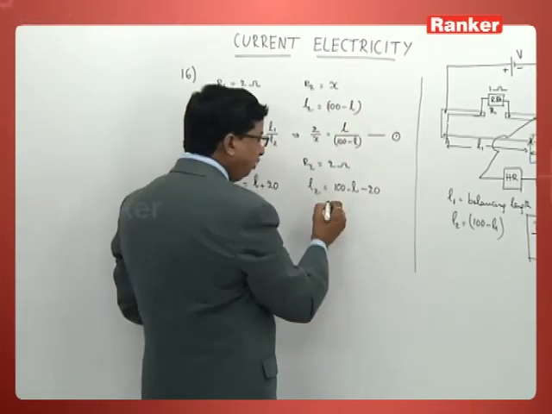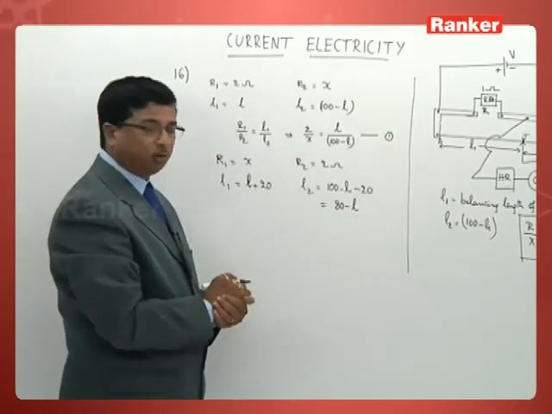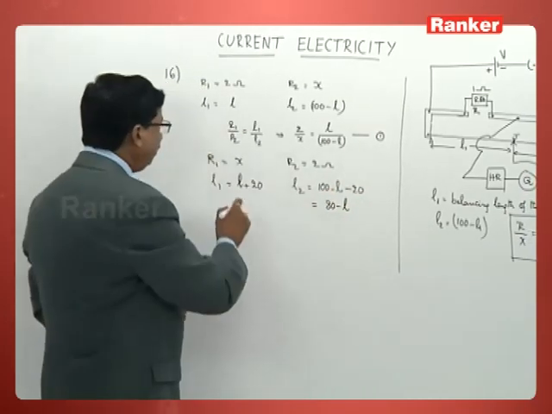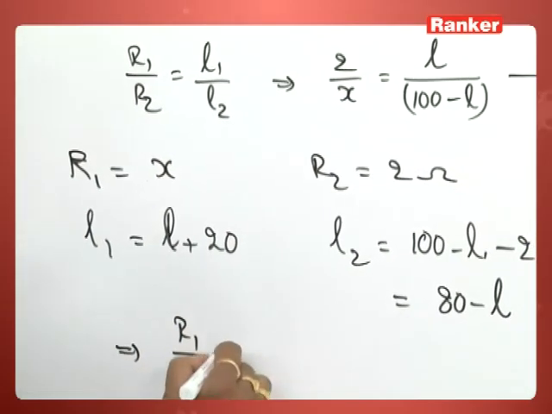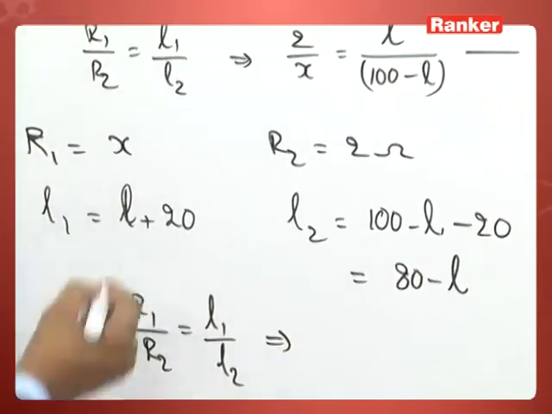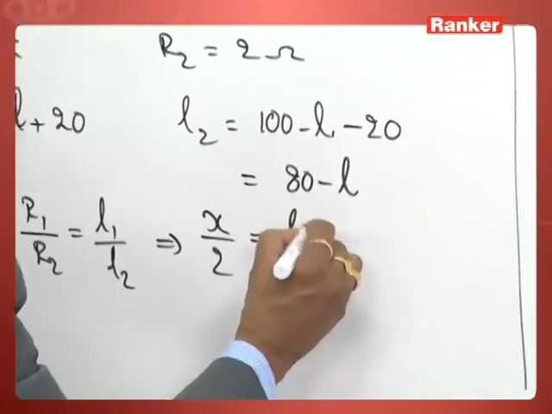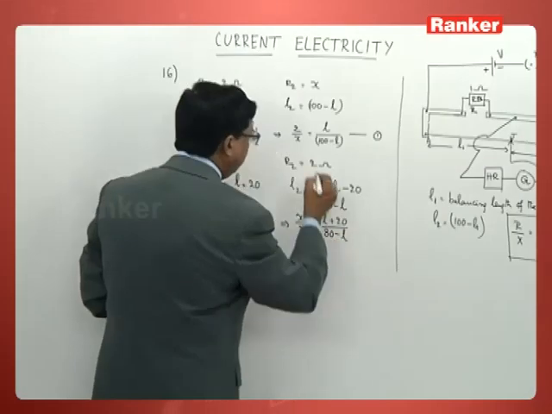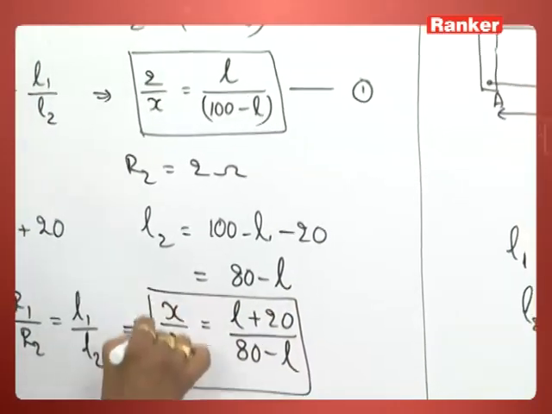So how much is its value now? 80 minus L. You can understand 100 minus 20 becoming 80 minus L. Then how to write that formula again? R1 by R2 is equal to L1 by L2. Same formula. Now you repeat X by 2 is equal to L plus 20 by 80 minus L. This is my first equation and this is my second equation now.